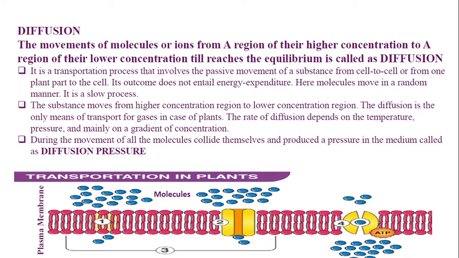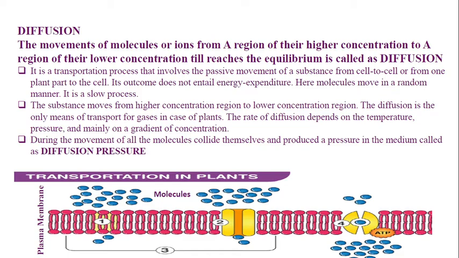Diffusion is the only means of transport for gases. In plants, the rate of diffusion depends on temperature, pressure, and mainly on the gradient of concentration. So diffusion depends on various factors, that is temperature, pressure, and many more.